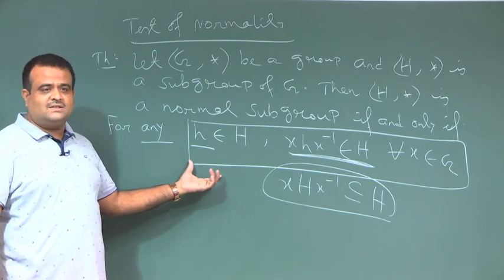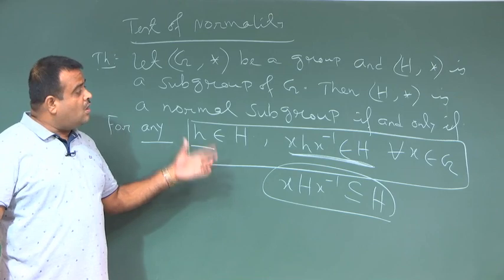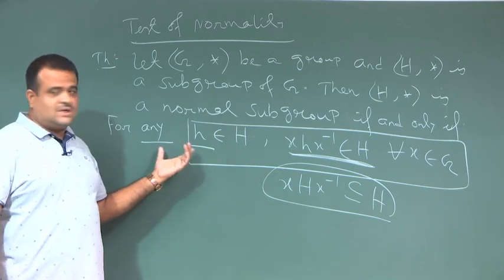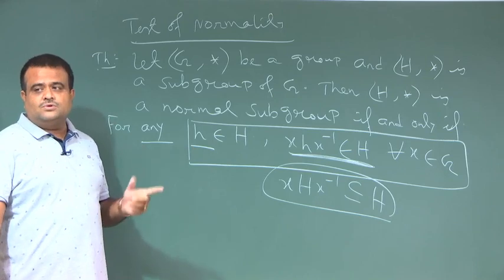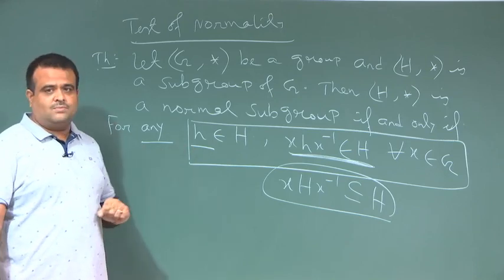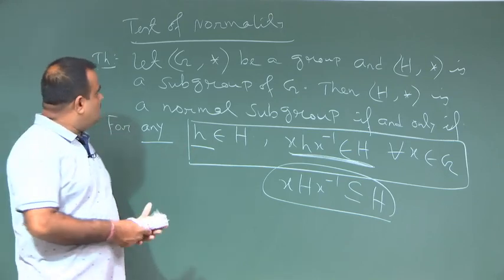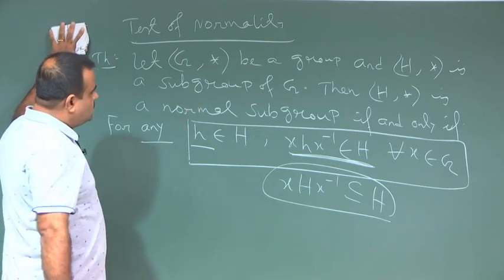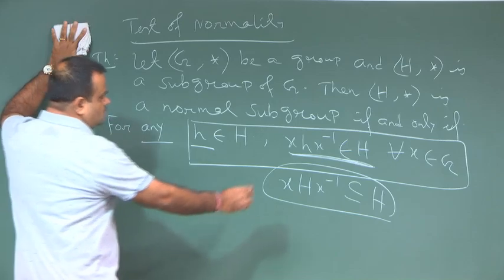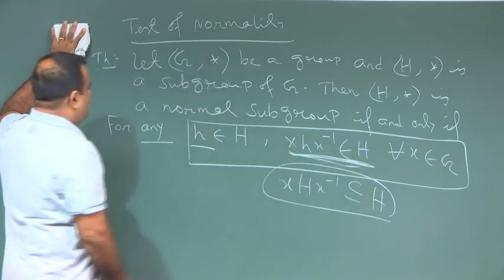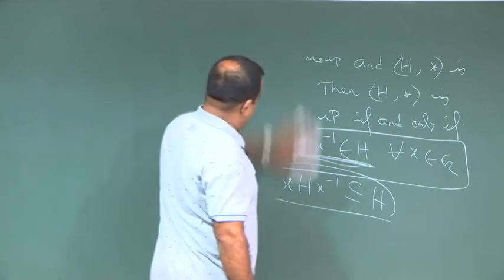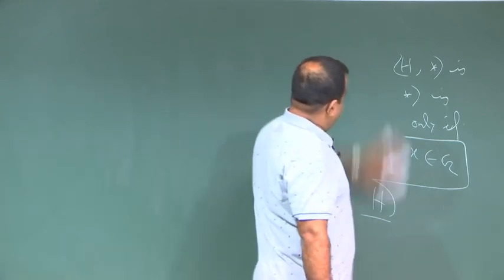And for the sufficient part, if this condition is true for all x and for all such h, then we have to show H is a normal subgroup. So, let us try to prove this theorem both ways.